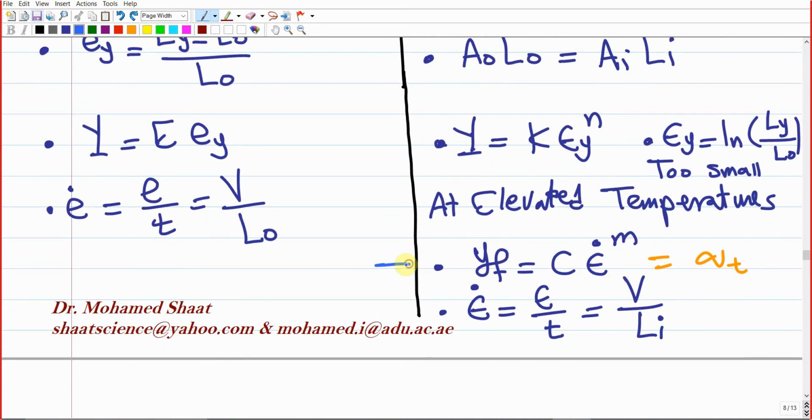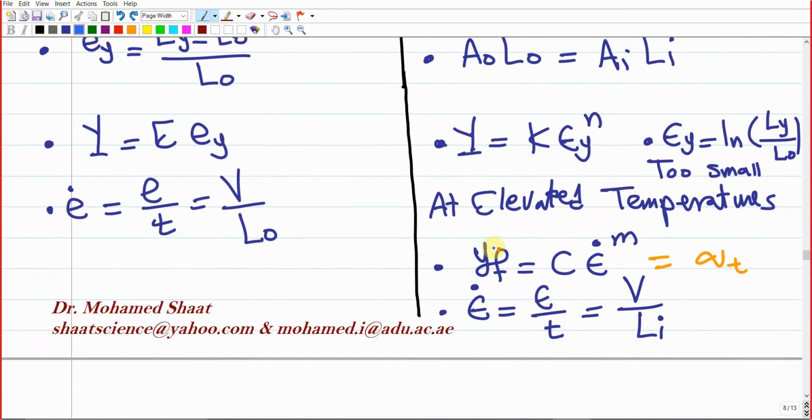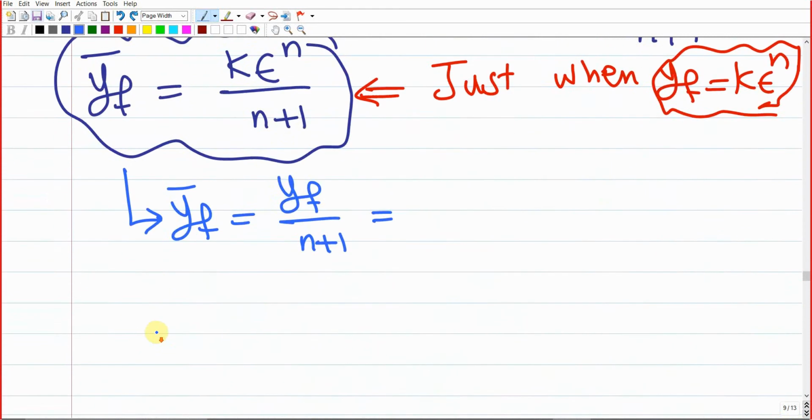We use the strain rate form when we are working at elevated temperature. We said that most metal forming processes are done at high temperatures. At very high temperature, it is recommended to use the strain rate because the deformation of the material depends on its strain rate. So, since we have two possibilities for YF, we can generally write the average flow stress as YF over n plus 1, which would be K epsilon bar n over n plus 1.